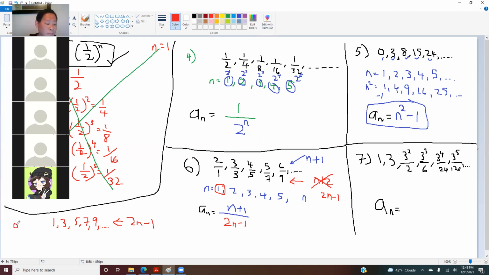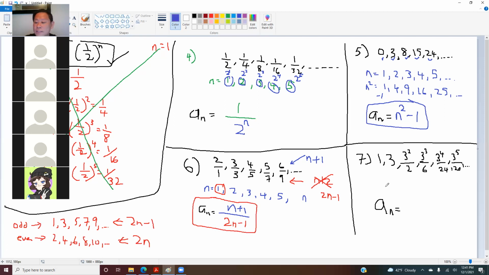What happens when you have even numbers like 2, 4, 6, 8, 10? Then your sequence in this case is called 2n, because when n is 1, you get 2, n is 2, you get 4. So make sure you guys know this. This is very important. Okay, so this is your answer for question 6.